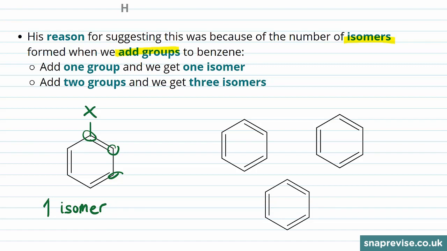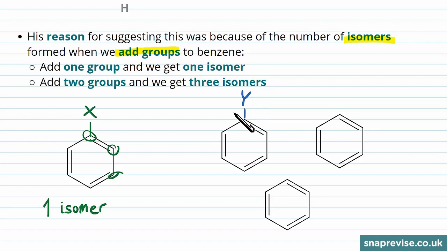It was also found that if we added 2 groups to benzene to replace the hydrogens, we get 3 isomers. So remember, hydrogens aren't shown on these skeletal formulas, but each one of the 6 carbons does have a hydrogen coming from it, which we can then replace by another type of species.